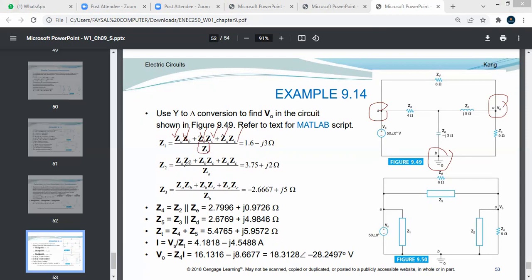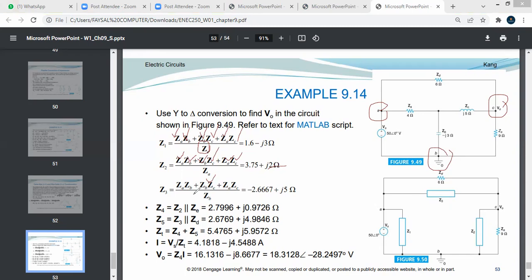For Z2, it will be ZA multiplied by ZB plus ZB multiplied by ZC plus ZA multiplied by ZC, divided by ZA, and then computing the value. So this is the simplified value. Now the fourth one, Z3: ZA multiplied by ZB plus ZB multiplied by ZC and then ZA multiplied by ZC.